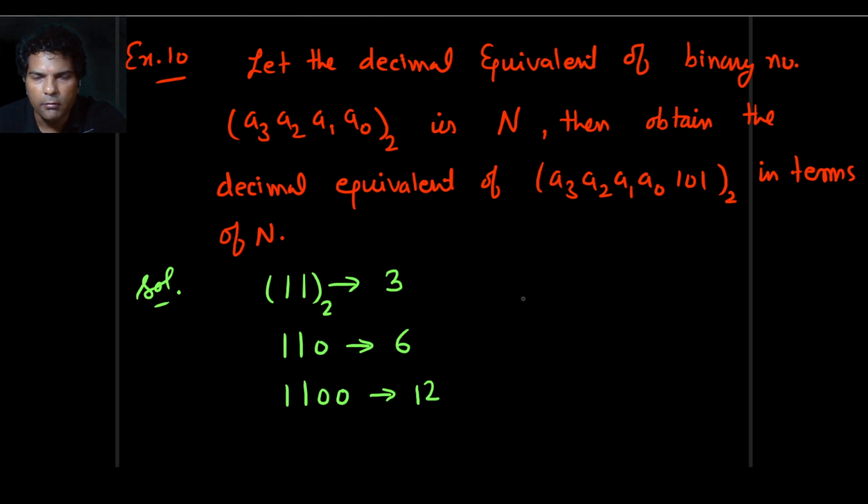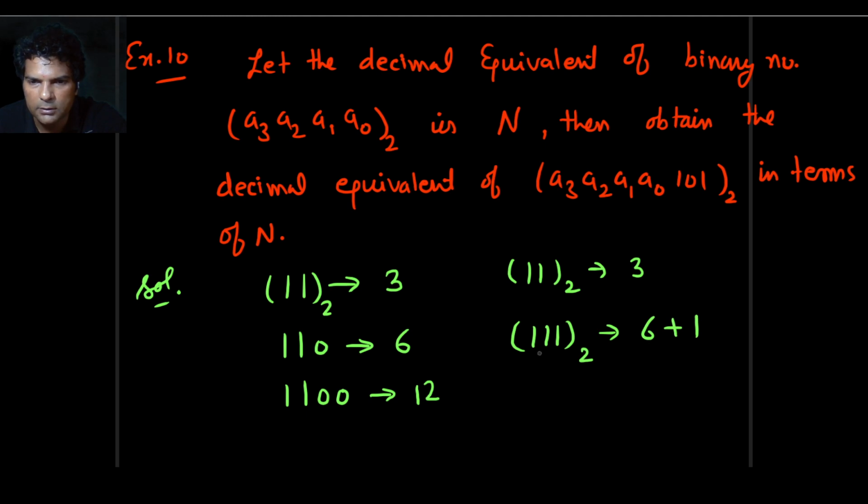Clear? One more concept. Let's say 1 is equivalent to 3. Then 1 1 is equivalent to 7, which is 6 plus 1, because the previous is 6.